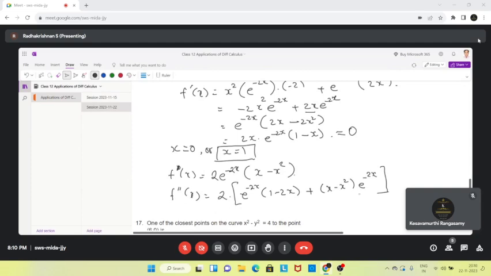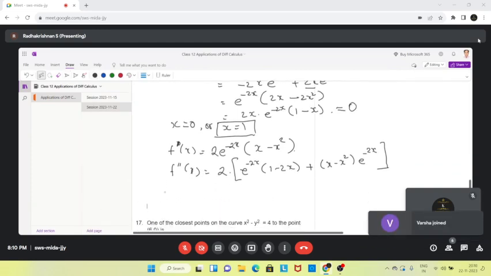Okay. So you substitute x equal to 1 and see. Put x equal to 1, this term will vanish. Okay.